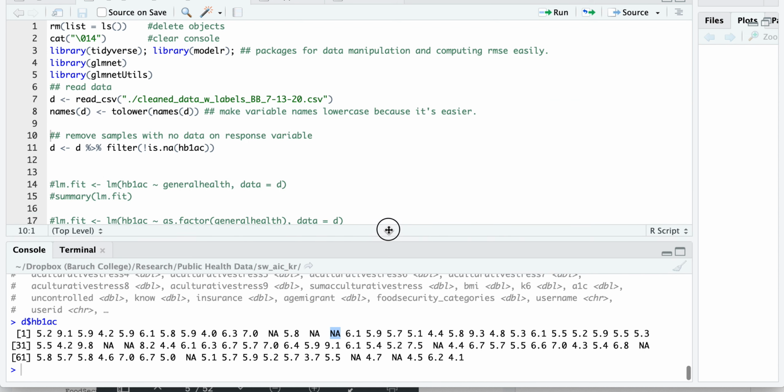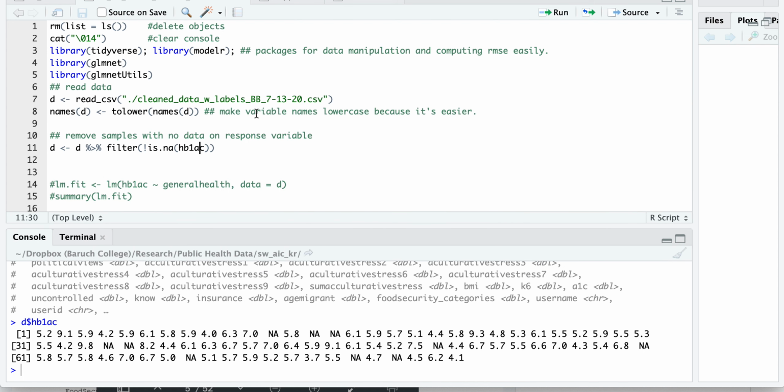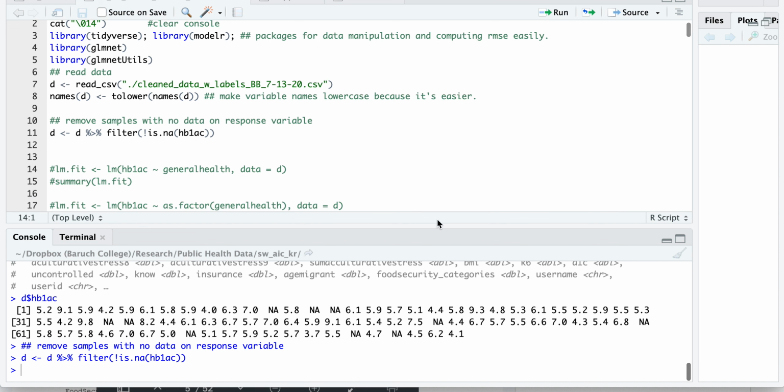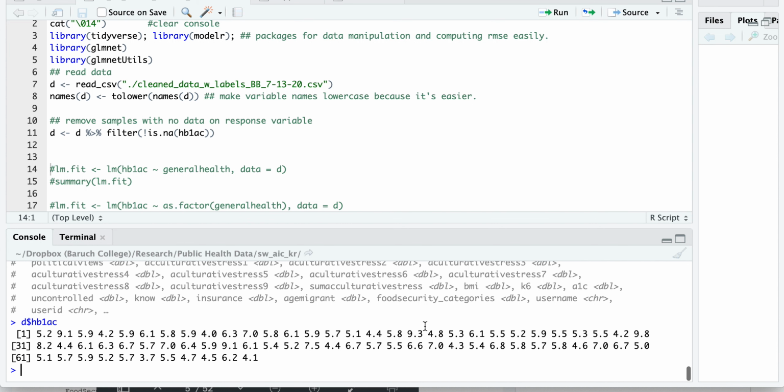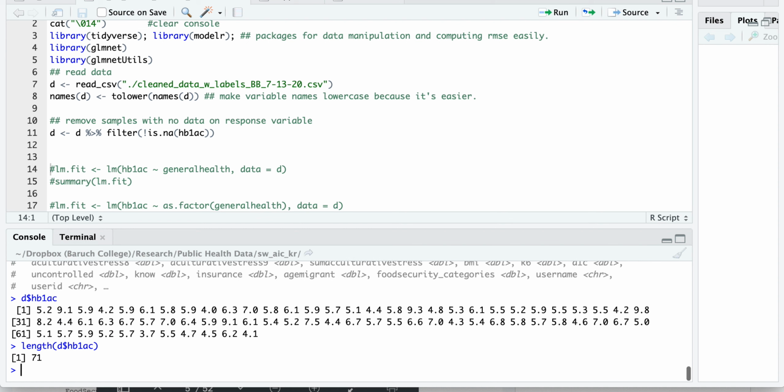That's something we have to do, but for now we just remove them. So we filter them out, and we are left with this many observations. And what's the dimensionality?